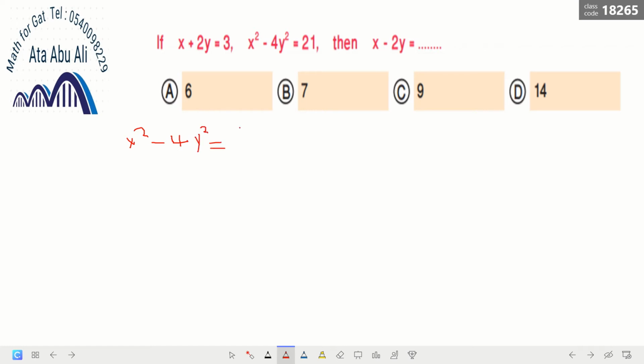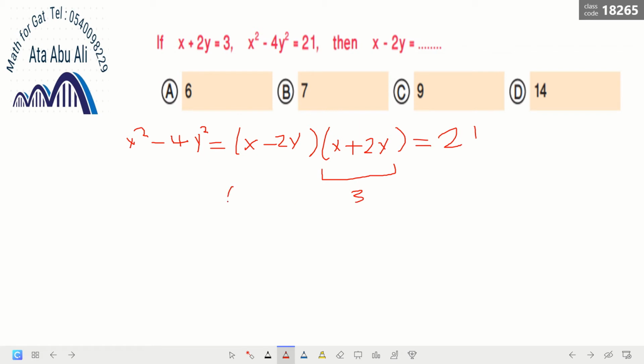If I factorize it, it's equal to x minus 2y times x plus 2y, and all of this is equal to 21. Now I replace x plus 2y by 3.